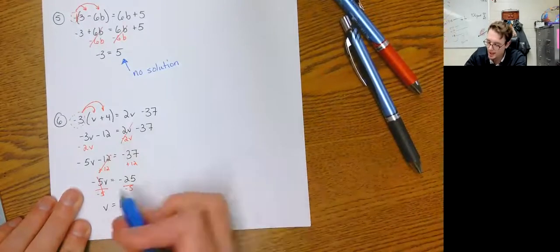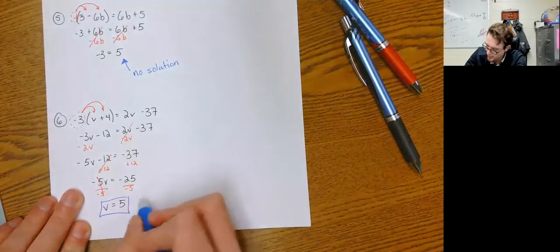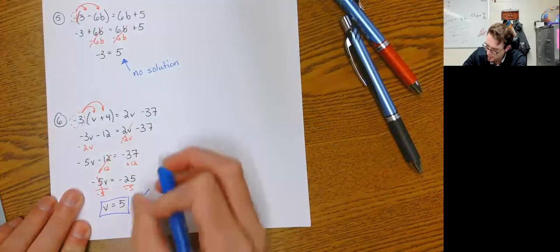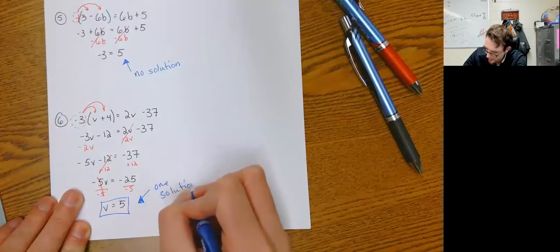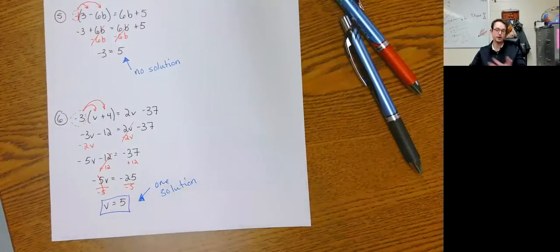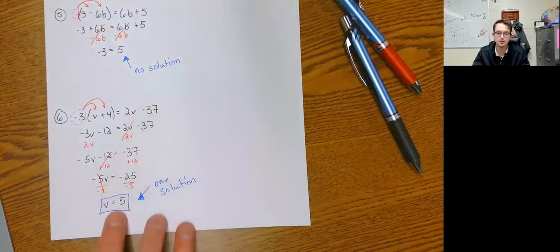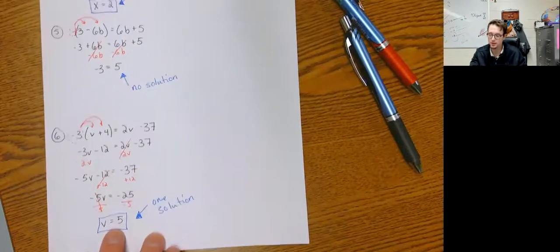So this is a case of one solution. All right. So lots of little steps. Really key that you get one solution if you get a variable equals a specific number.